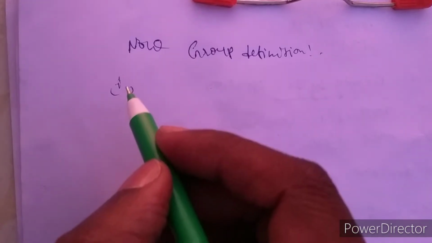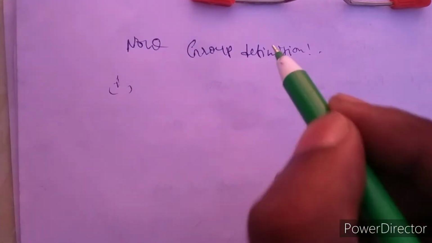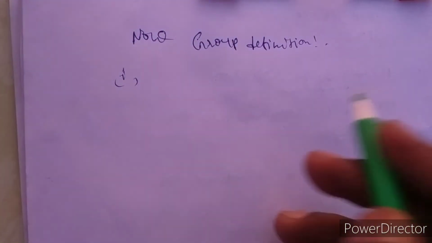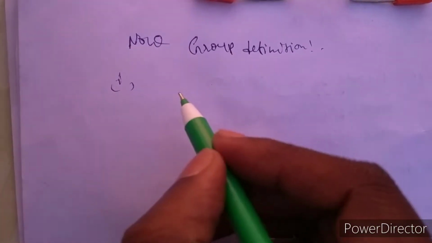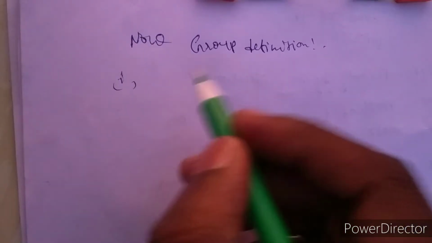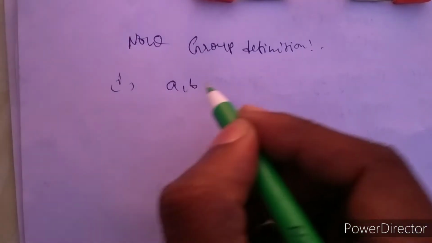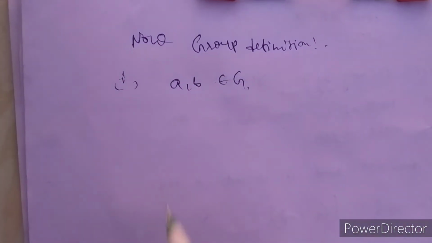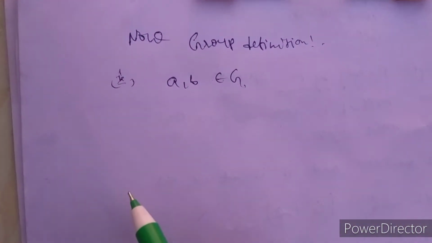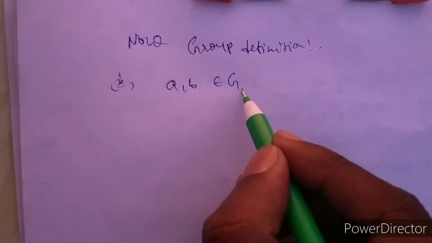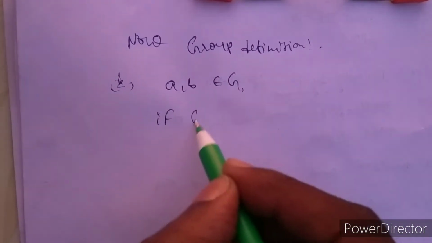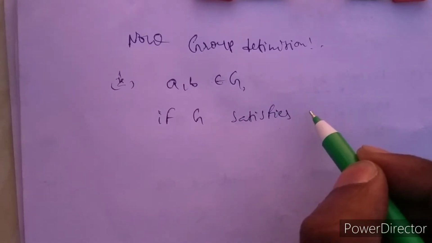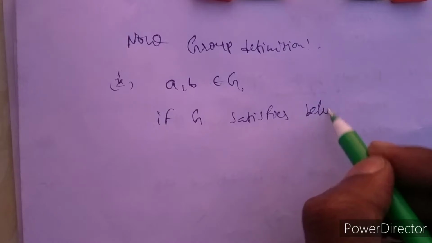Now what is a group? A group is nothing but, if we do any operation, suppose a, b belongs to G, if G satisfies the below properties.